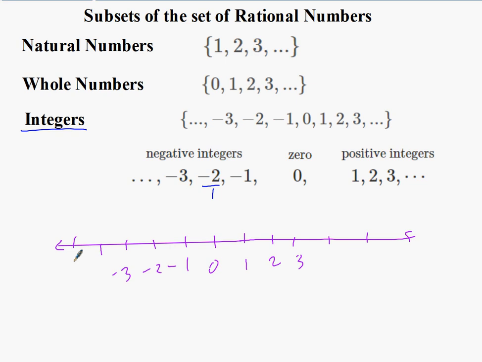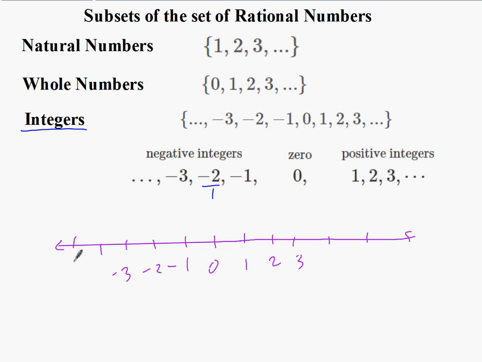Okay, so how big is the set of rational numbers? How many rational numbers are there in the universe? Sure. Everybody agree? There's no limit to the number of rational numbers. It's an infinite set. Okay.